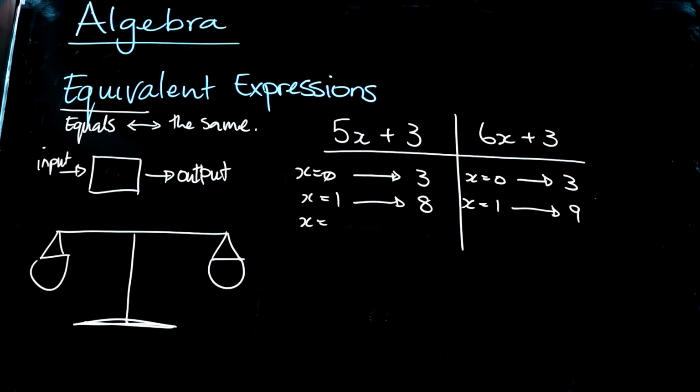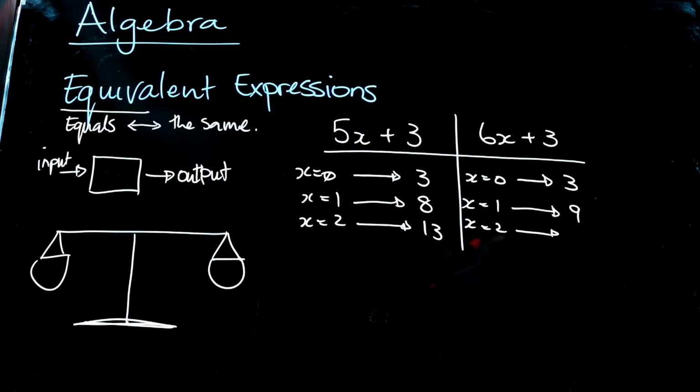And was that a fluke, or is that going to happen all the time? Let's try one more. So 5 times 2 is 10 plus 3 is 13. And if we put 2 into this one, 6x plus 3, we've got 6 times 2 is 12 plus 3 is 15. So it's quite clear they're not producing the same answers.